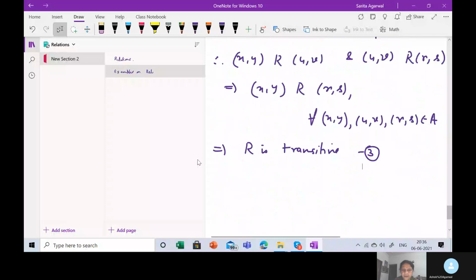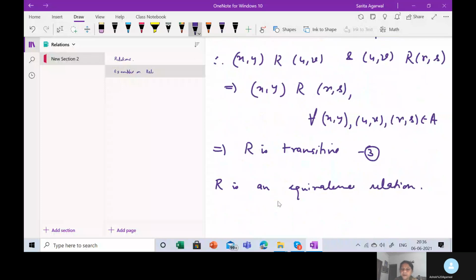So R is an equivalence relation. Now we are coming to another example.